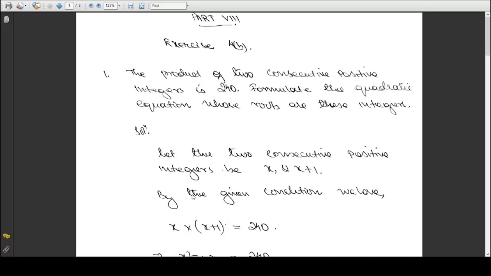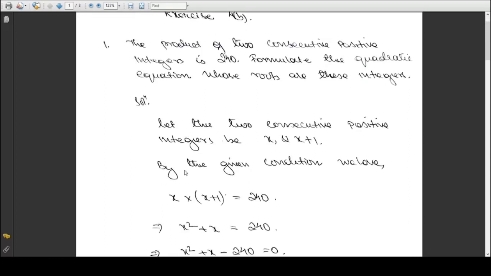Okay, now by the given condition, what is the condition given? The product of two consecutive positive integers is 240. And what are these consecutive integers? We have taken x and x plus 1. That means the product of x and x plus 1 is 240. That is the condition given, isn't it? By the given condition we have x multiplied by x plus 1 gives us 240.